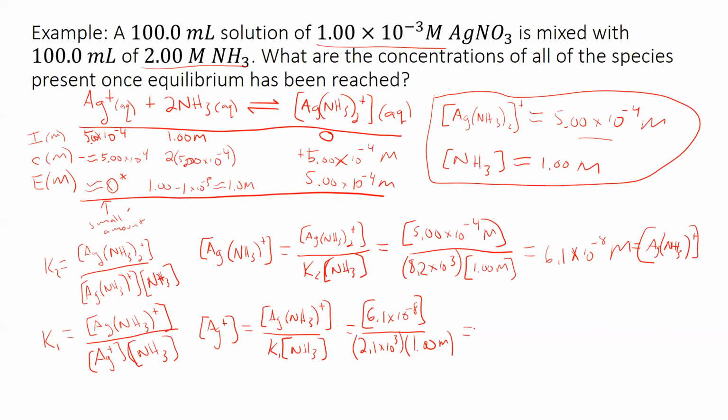And you wind up with a value for the silver ion of 2.9 times 10 to the minus 11 molar.